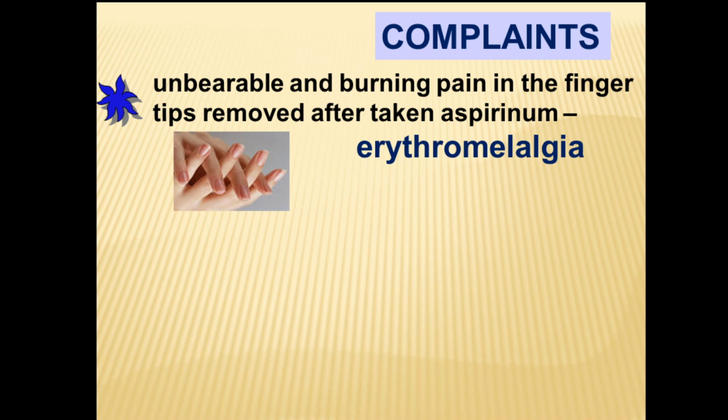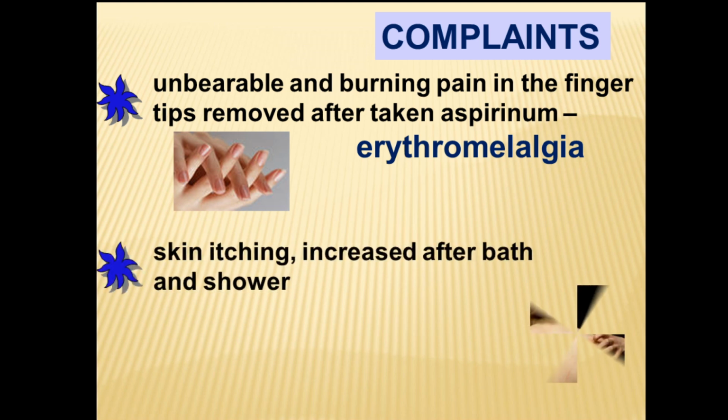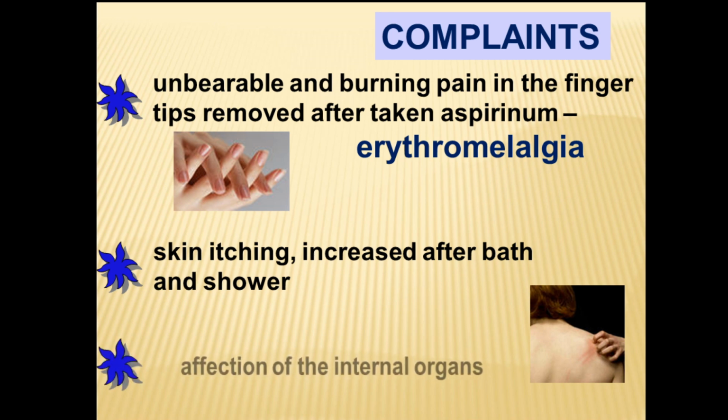The main complaints of the patient: a burning sensation in the tips of the fingers, which is called erythromelalgia. The patient feels skin itching, which increases after a bath or shower, which is a specific characteristic because this procedure intensifies blood flow. It's impossible because the blood is viscous and its speed significantly decreases.